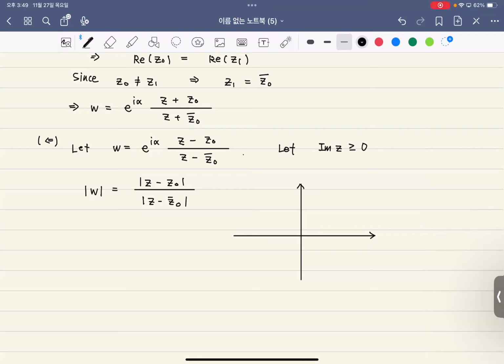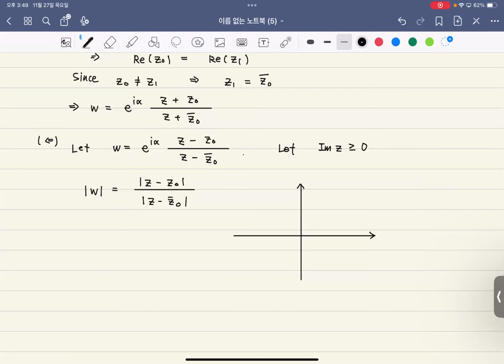Then when you measure the distance between these two, since they are complex conjugates of each other, those two have the same lengths. Therefore, if z is a point on the real line, then the ratio between these two guys equals 1. Therefore, the modulus of this number equals 1, right?